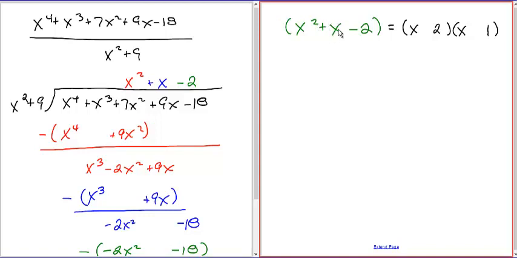Because the intermediate term is positive, I'm going to put the positive with the bigger term and negative with the smaller term. So those are the two remaining factors.